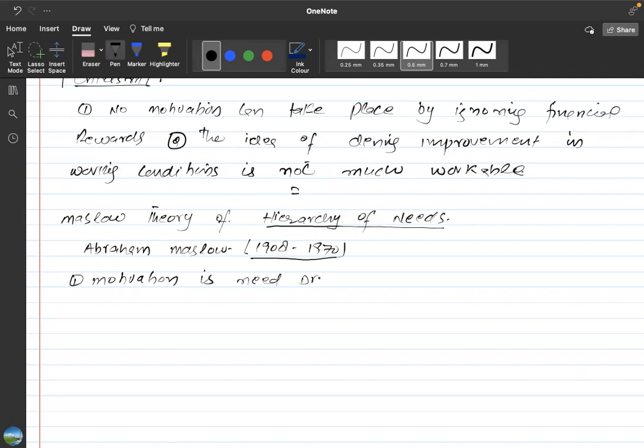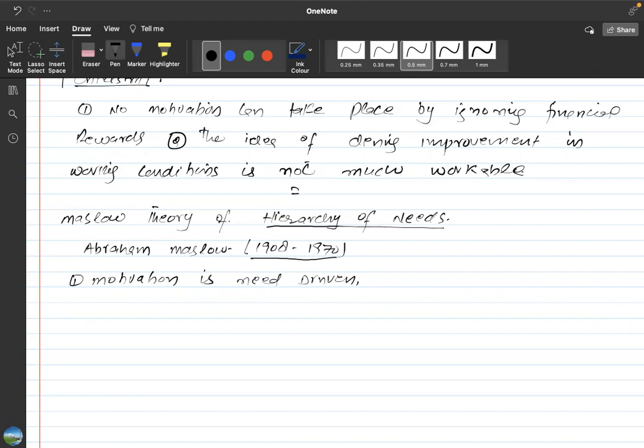Motivation is need driven. When we say motivation is need driven, it means that the drivers of human motivation are human needs. The needs ask us to do something. Needs create an environment in which we have to work and fulfill our needs.